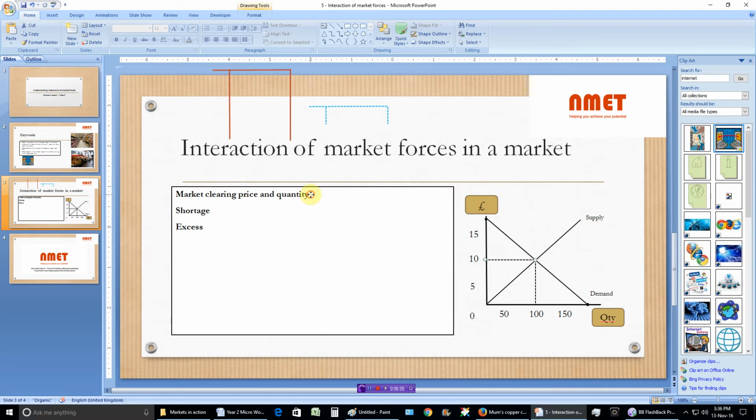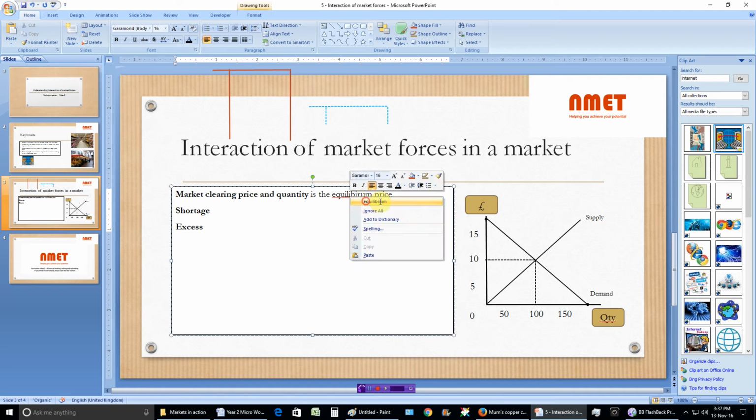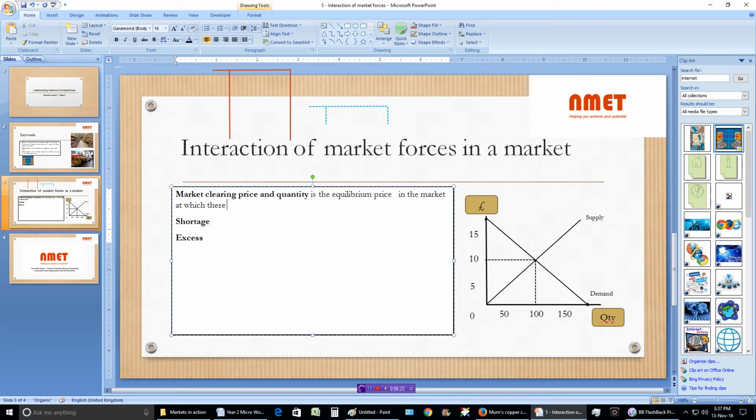So market clearing price and quantity is the equilibrium price in the market at which there is no stock remaining and market stabilizes.